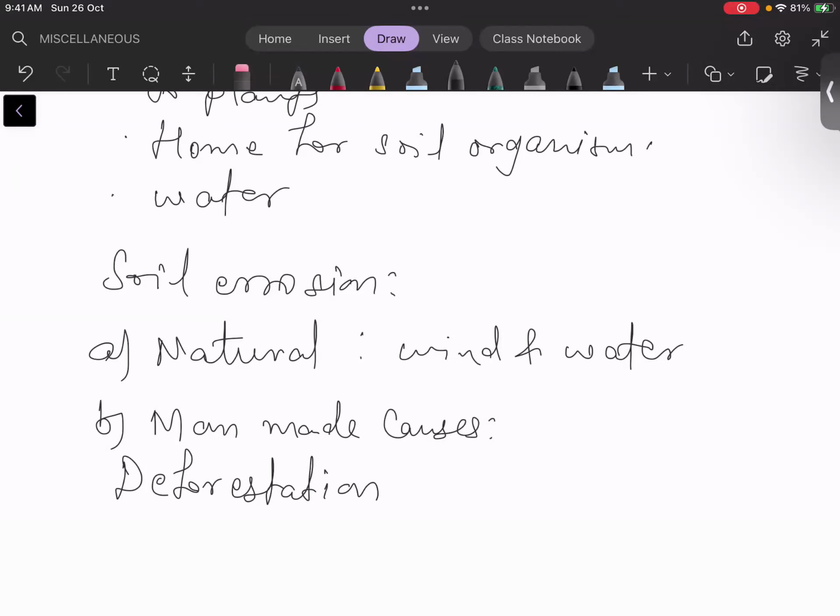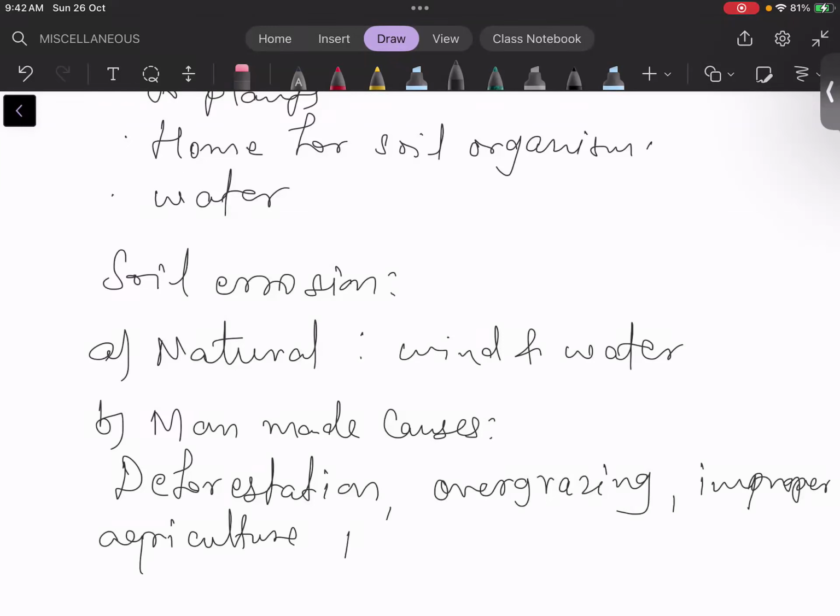Then second, overgrazing of cattle, buffaloes, cows, goats, sheep, etc. Then improper agriculture practices.